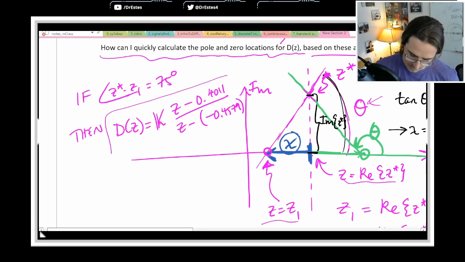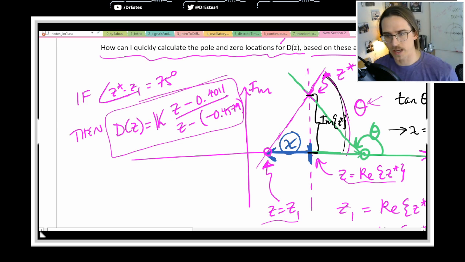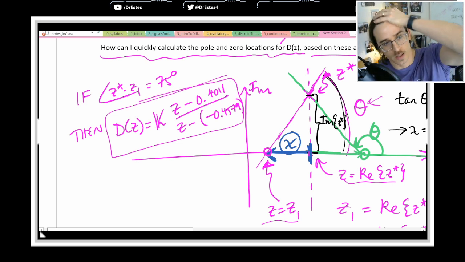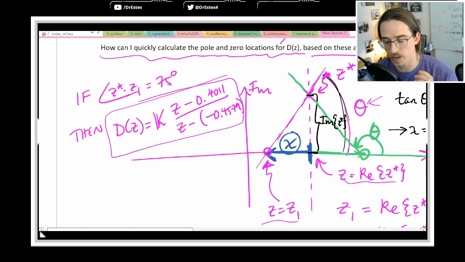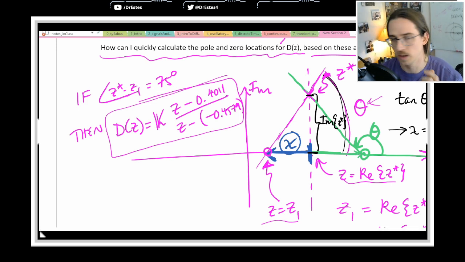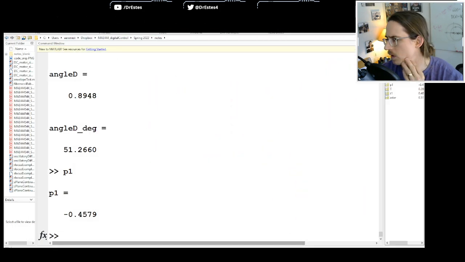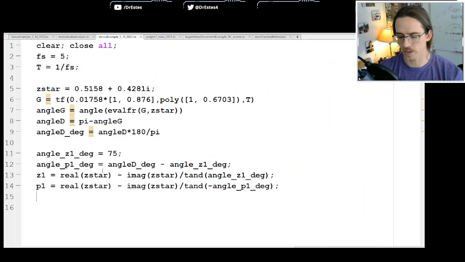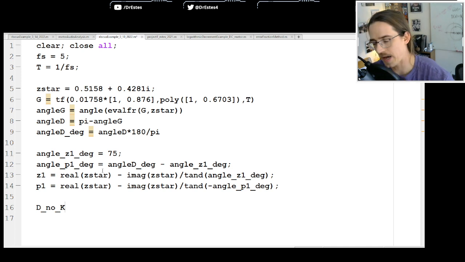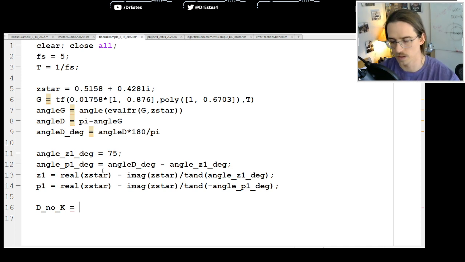Let's test this really quick in Matlab and verify that this satisfies the angle criterion, which is the whole point of this. So I'm going to input this specific controller. We'll say D, and I'm calling it no K because I don't know what the gain is yet, and I'm not going to put that in there. It's a transfer function.